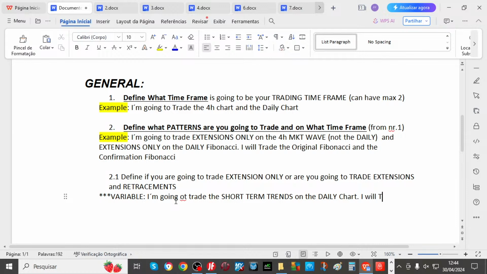I will trade extensions only. Okay, I'm going to trade short-term trends on the daily chart or 1 hour chart or 15-minute chart. Why not? 15-minute chart. I will trade extensions only.